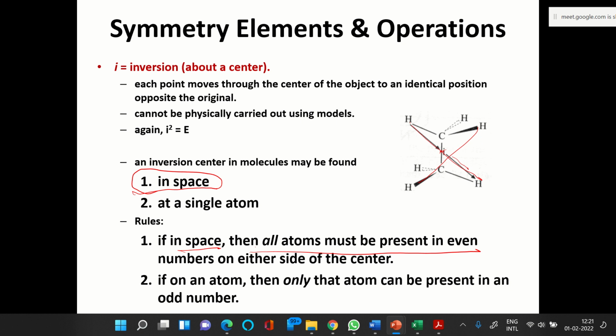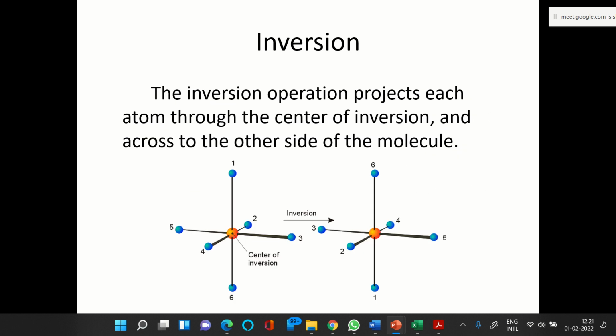We can see that in this case. And if the point lies on an atom, then the other atoms should be in pairs, and that particular atom would be presented as an odd number. So this is an example in which the center is an atom, like SF6, ML6 that you can think of.